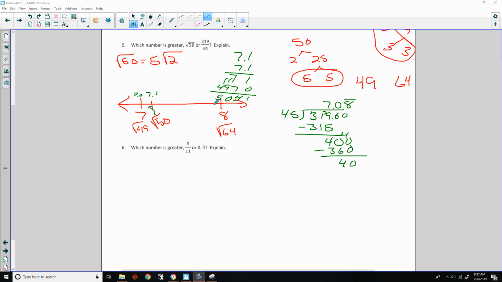Okay, so now I want to see what 7.08 squared is. So if I take 7.08 times 7.08, 8 times 8 is 64, 7 times 8 is 56.